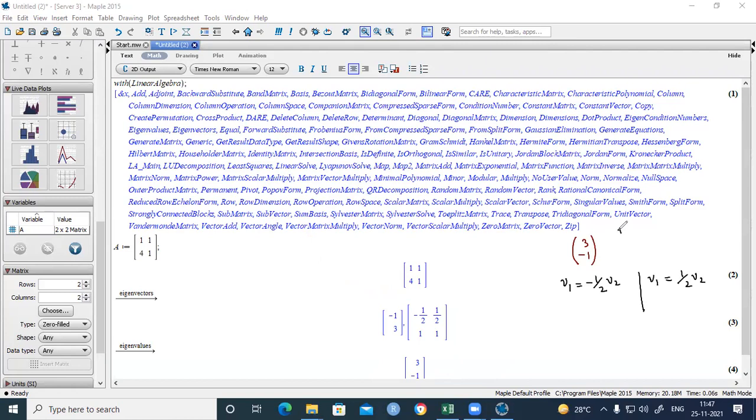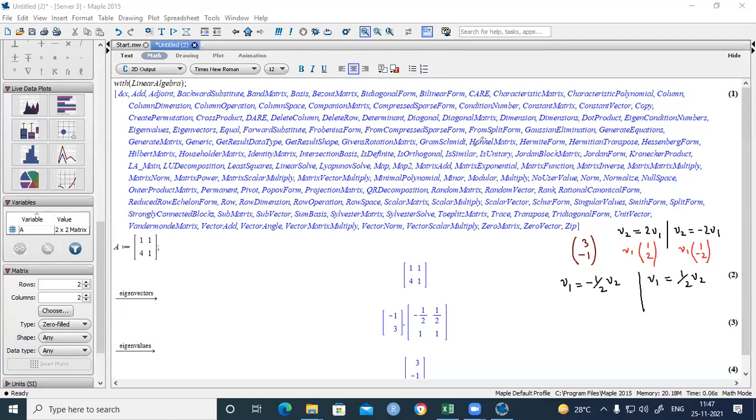In my case, I wrote it in the reverse way. I wrote V2 equal to twice V1 and V2 equal to minus 2 V1. So in my case, the vectors came out to be v1 into (1, 2), and here it came out to be v1 into (1, minus 2).